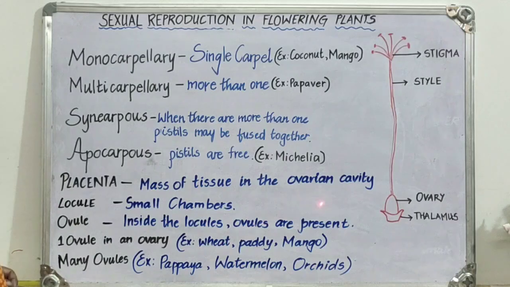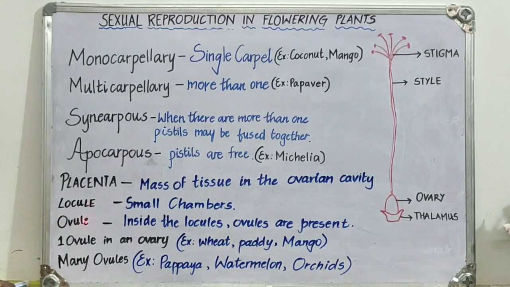Now students, as I told you, placenta we already came across in first PUC, in the morphology of flowering plants. We came to know the types of placenta, isn't it? Here locules, ovules, all these are described in detail in this chapter. Locules are the small chambers, and inside the locules ovules are present.